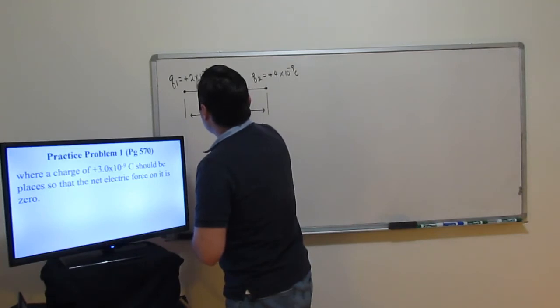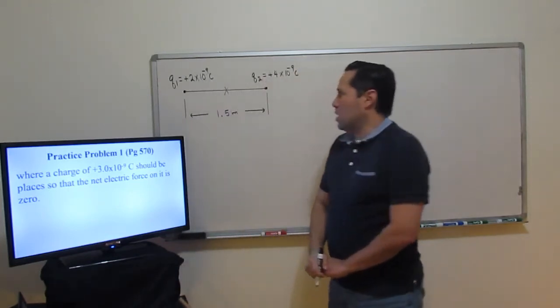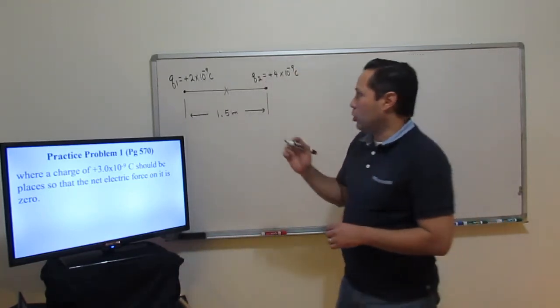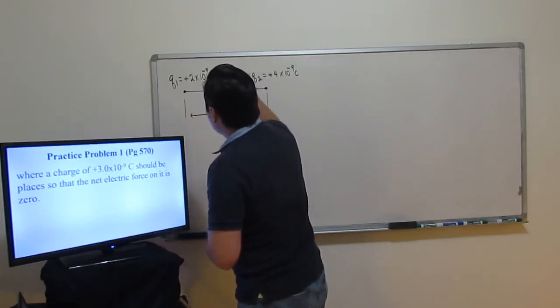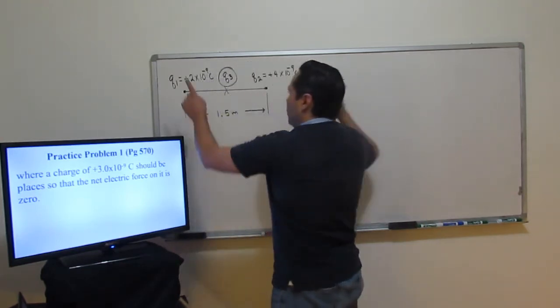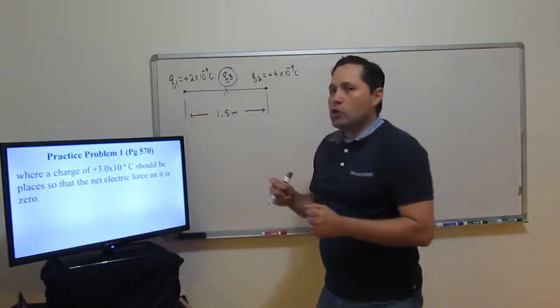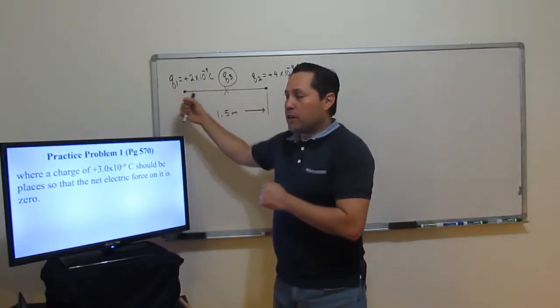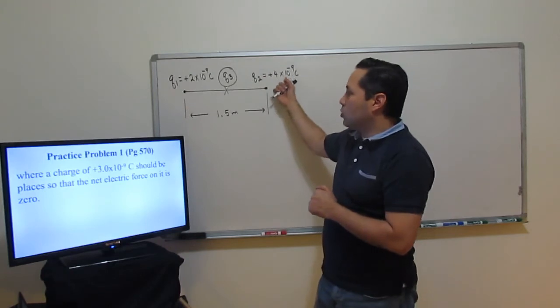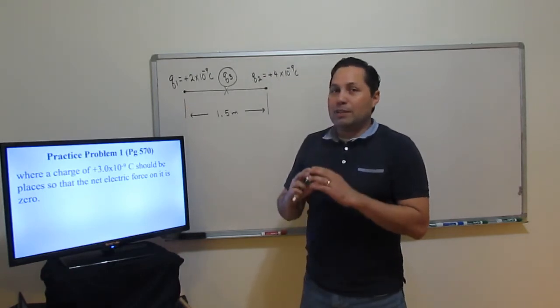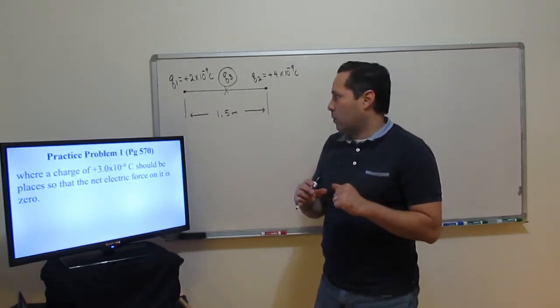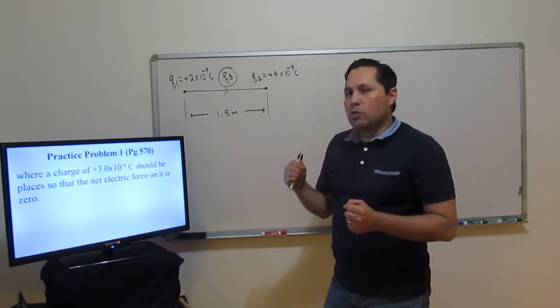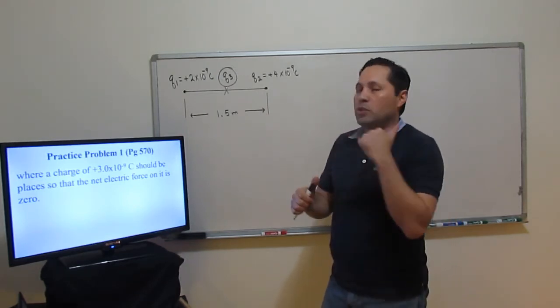So the question is, at some point in between, we're going to put that third charge. I'm going to put Q3 somewhere in between Q1 and Q2, so it's going to get pulled to the left by Q1 and to the right by Q2. Where can we put it so that the net force is 0? We're going to use a very similar strategy to what we used in the previous problem.